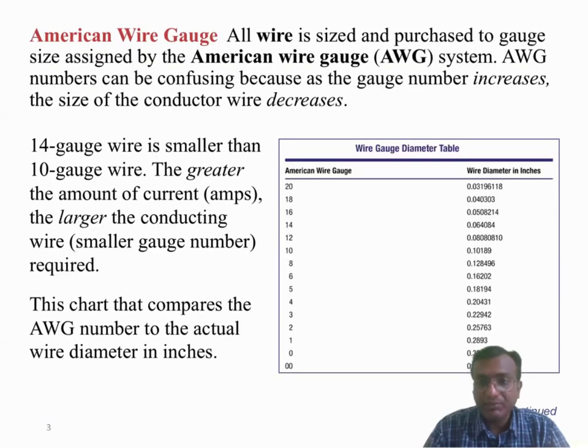The next important point is AWG, which stands for American Wire Gauge. The thickness of a wire is measured in gauge, and that is the American Wire Gauge. It is important to know that with AWG, a higher number means a thinner wire.